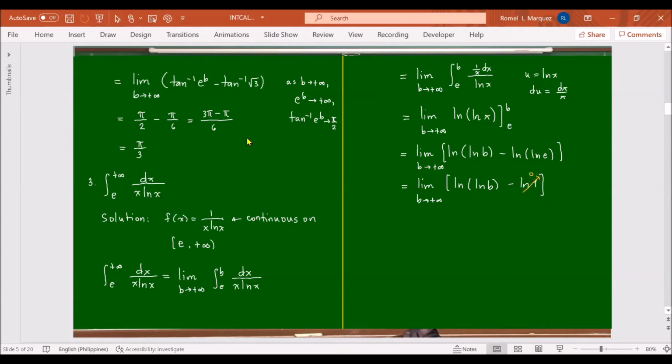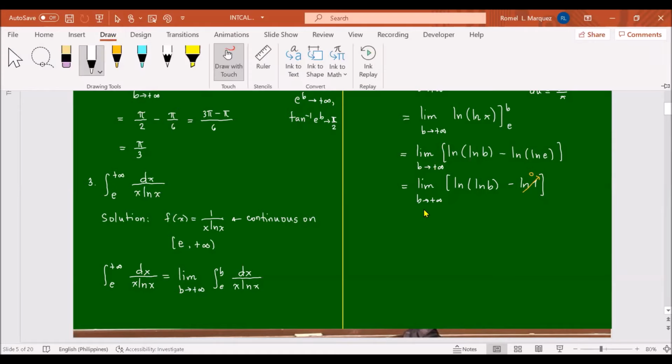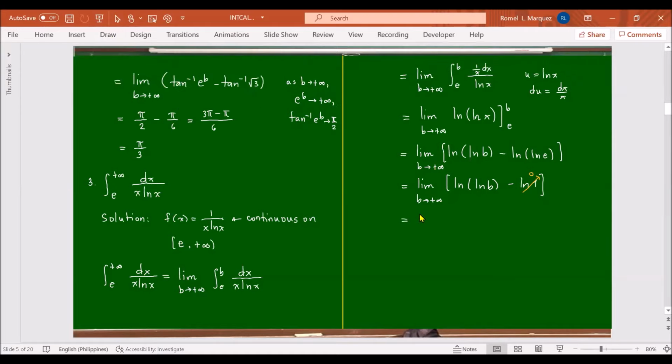So getting the limit as b approaches positive infinity of simply ln of ln b.